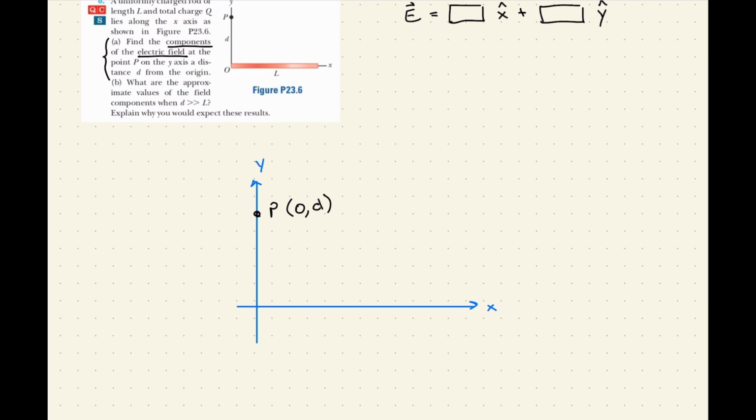But we also have the rod over here. So I'm going to put this like this. Let's put it here in the center, make that aesthetically pleasing. All right, let's take these lines here and imagine a little dq. This is a dq.